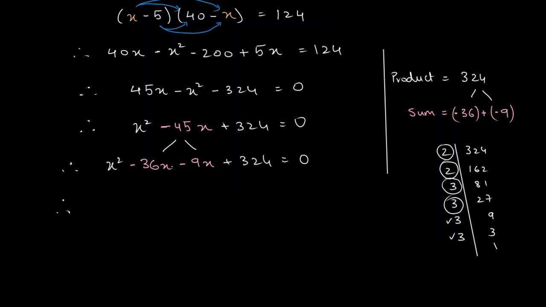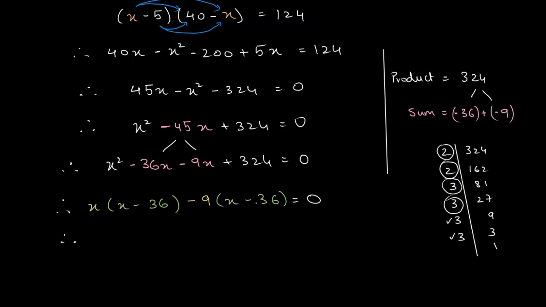Let's factorize this further. If I factorize the first two terms, I have x in the bracket and x minus 36. Then over here I have minus 9 outside and x minus 36 again. And all of this is equal to 0.